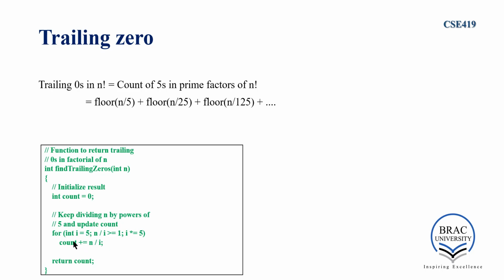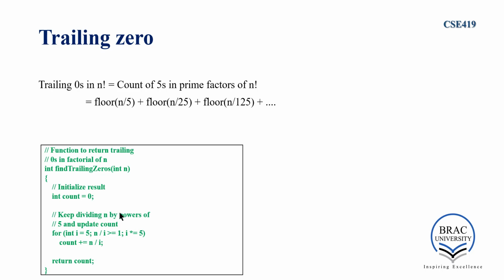And just do count plus equals n divided by i. That means firstly you count how many 5s there are, then you count how many extra 5s for 25 there are, and then again how many extra 5s for 125 there are. This is how you will know the total number of 5s in your number.